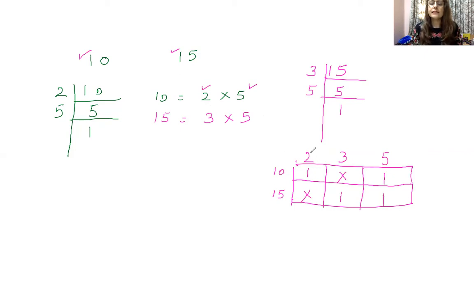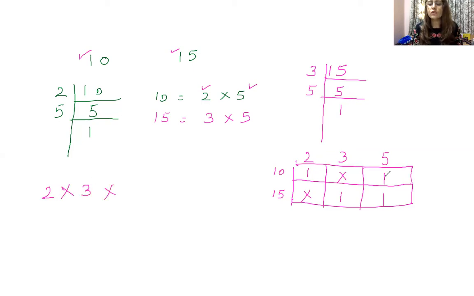Now we will see how many times 2 is repeated. We will take the maximum number of times it is repeated. In case of 15, 2 is not there, but in case of 10, 2 is repeated one time. So we will write 2 one time. And 3 is repeated one time; the maximum is one time, so we will write 3 one time.